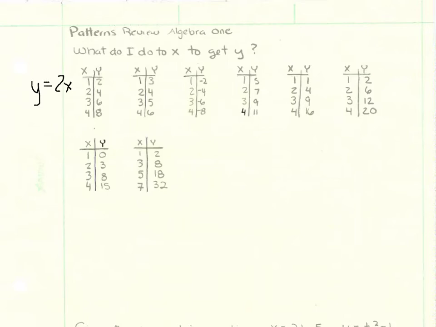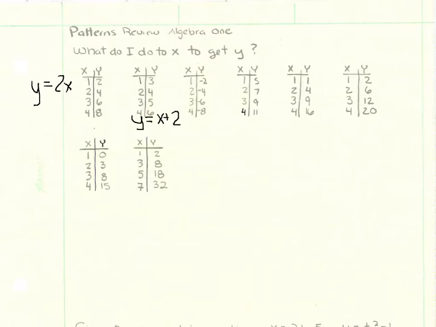Now as I'm looking at this next set of problems, asking what do I do to x to get y, it looks like these are all getting 1 bigger, and it looks like they're all 2 more, because 1 plus 2 is 3, and 2 plus 2 is 4, and 3 plus 2 is 5. So this equation is y equals x plus 2.